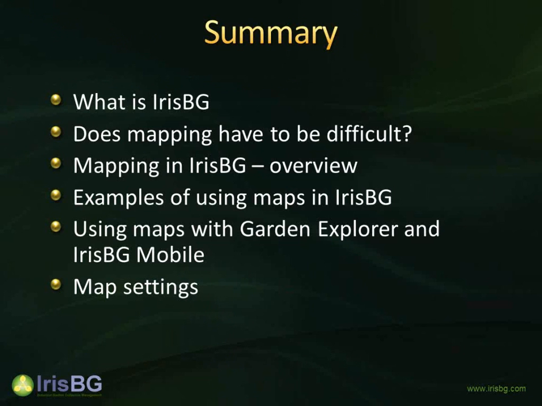And we showed you a lot of examples, and I hope those examples didn't confuse you, in that the standard use is typically to record the location of your own plants, and all the other things we talked about are something you do when you set up the system. We also talked a little bit about how to publish your plants online with the Garden Explorer and how maps fit into that, and also with the IrisBG mobile. And finally, we rounded off with the map settings and how you can set up the system and change the behavior of the system.